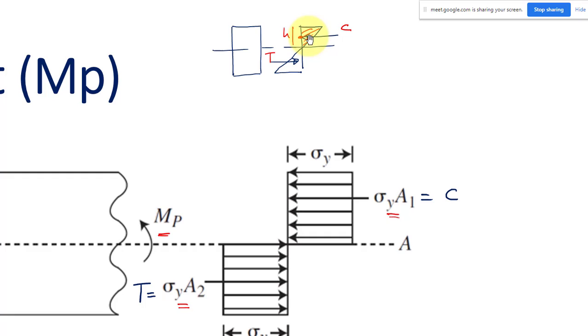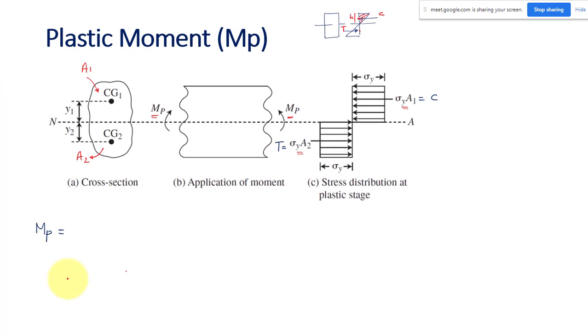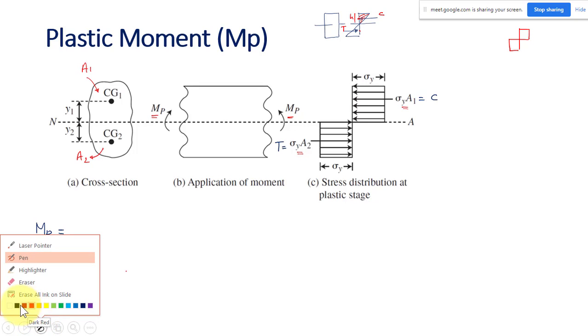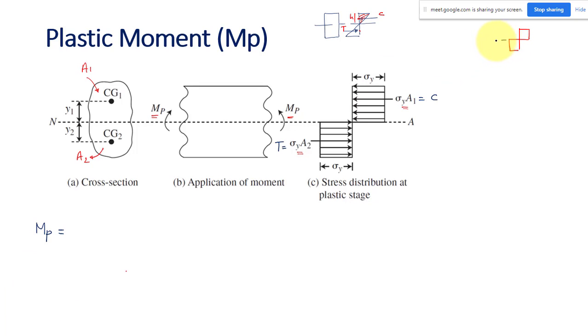Okay, but here what is the difference? Here the stress is just uniform, because we are in the plastic state. But let us take a general case, where we have some arbitrary shape of cross section.